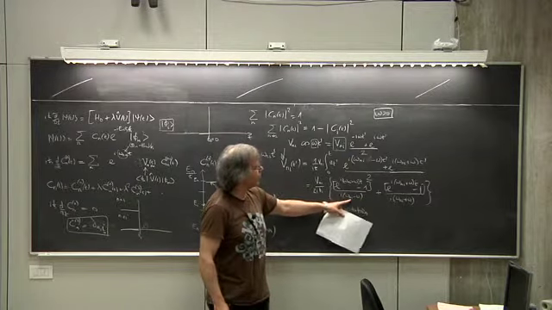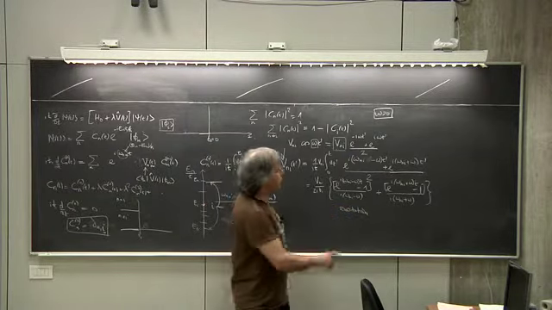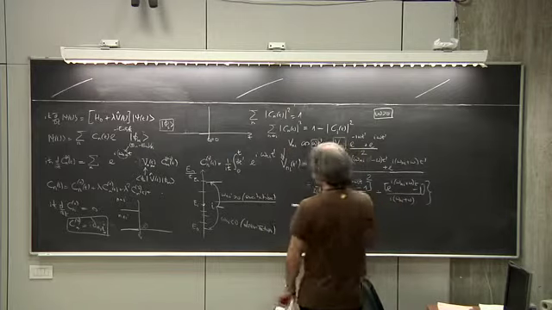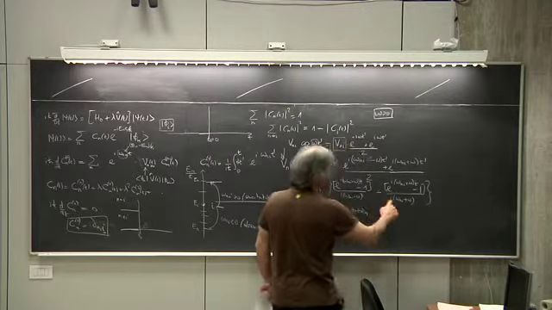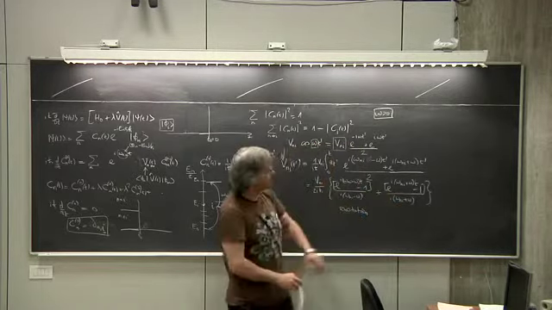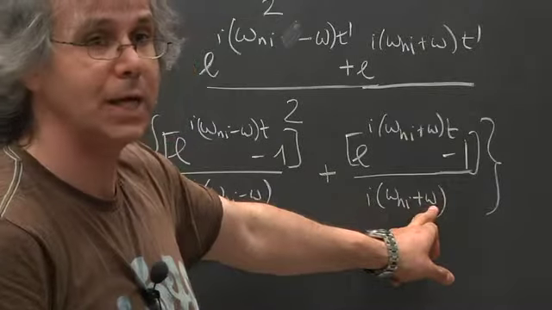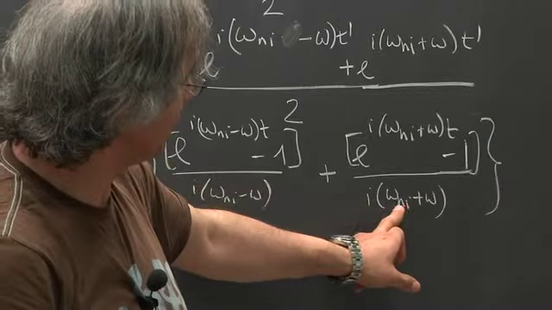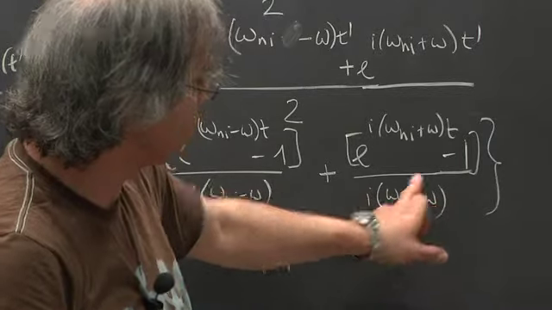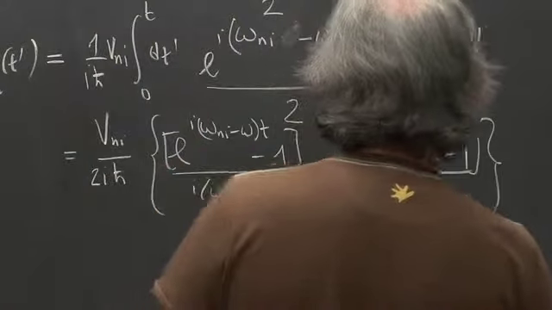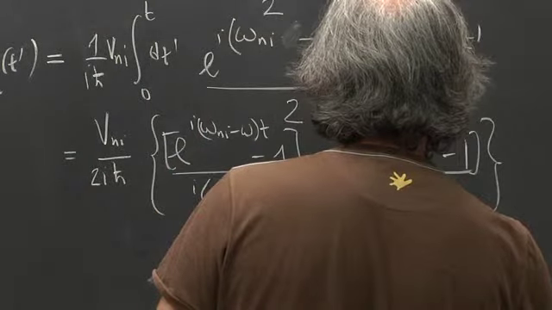So therefore, omega_ni is positive. On the contrary, when omega_ni is negative, you are de-exciting the system, and the term that has a small denominator is this, okay? Because then to the negative quantity, you sum a positive and you get almost 0. So this is important if you de-excite.